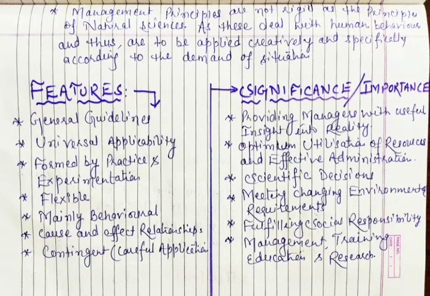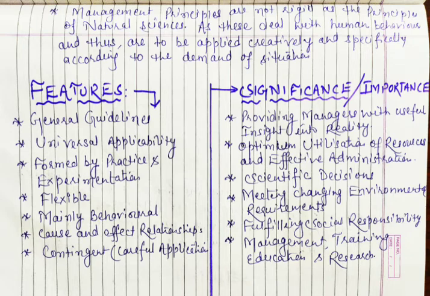Next is formed by practice and experimentation. These principles are not developed overnight. Within one night, these are not developed. These are the results of regular observation and continuous experimentation.